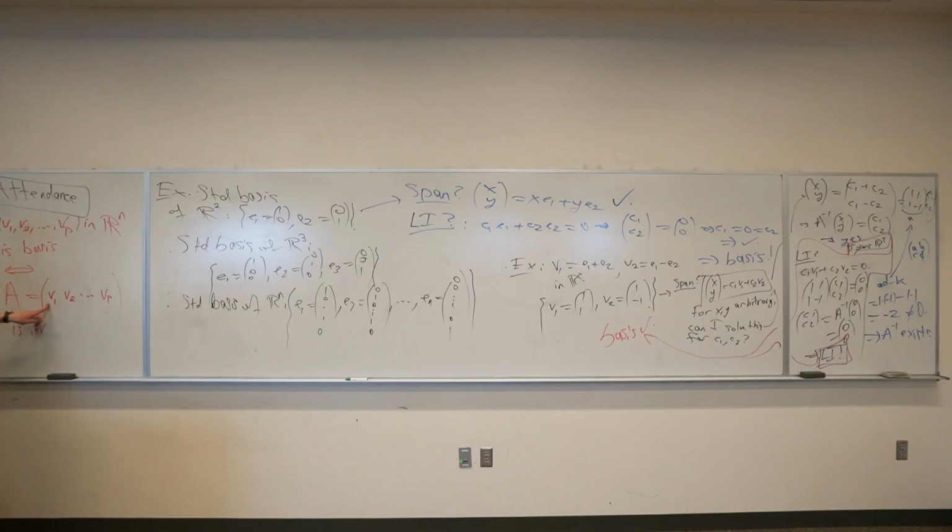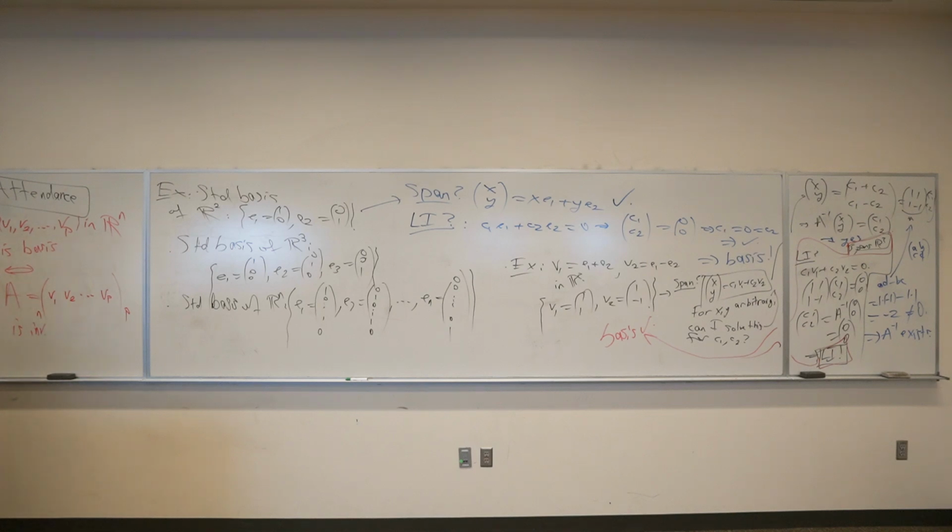And what are the dimensions of these? These are all n tuples, so n rows, p columns. This already tells me, for instance, that this cannot be a basis if p is not equal to n. In Rn, if your set has less than n elements or more than n elements, it's not going to be a basis. Okay?